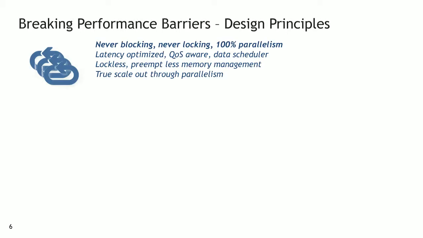So when it comes to designing or leveraging these hardware capabilities, there are three design principles that you need to put into place when you build up the solution. The first one, and maybe the most important one, is to leverage the parallelism of modern architectures to the maximum extent. That means that within the data pipeline, you need to engineer the data front end to run continuously, while these services should never block, never lock, and utilize parallelism to the maximum extent.